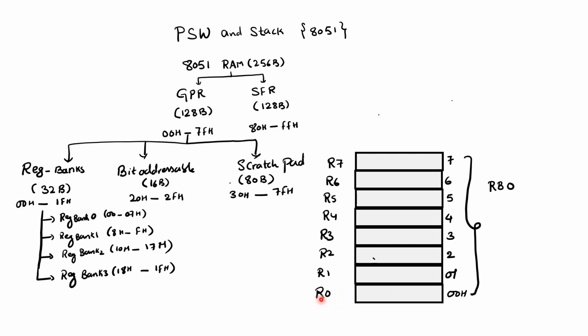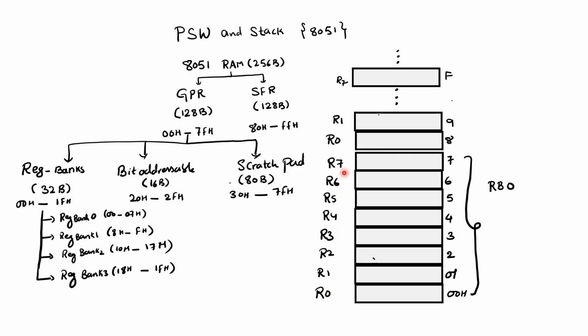The naming convention followed is R0 to R7. Likewise, we have the next memory locations after 7: 8, 9, A up to F, a total of 8. These 8 memory locations represent register bank 1. After F, 10 to 17 represents register bank 2.